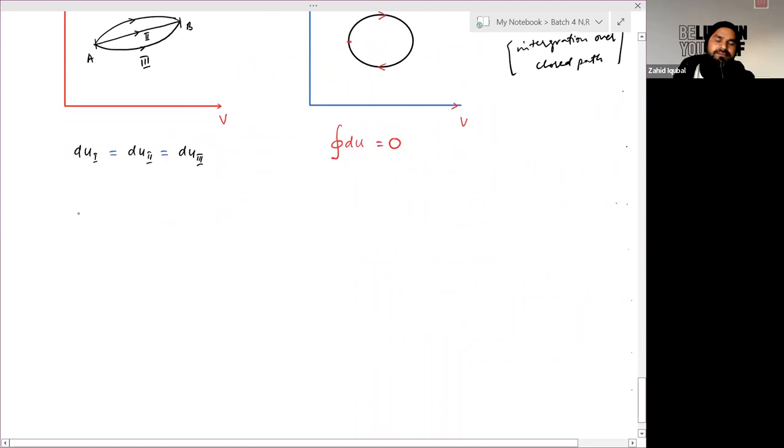Next is path function. Those physical quantities which depend upon the path followed by the gas are termed as path functions, such as heat and work done.